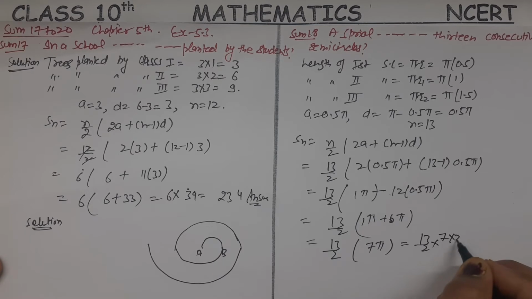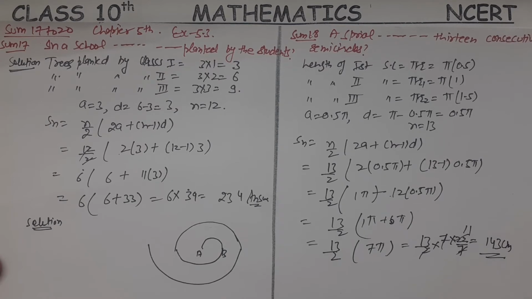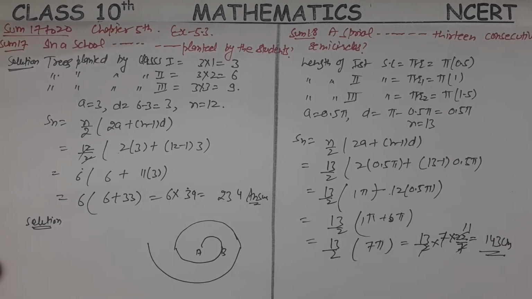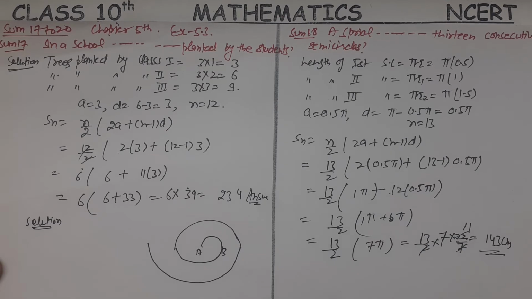Now put the value of pi. Cancel. Answer is 143 centimeter, the length of 13 successive semicircles.